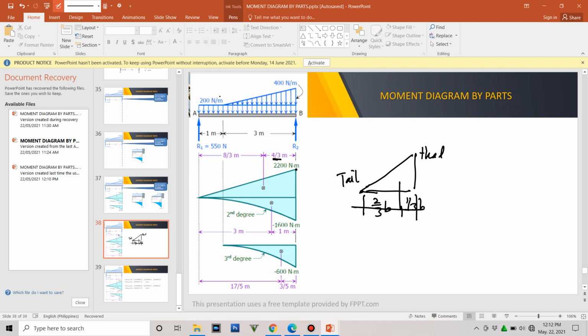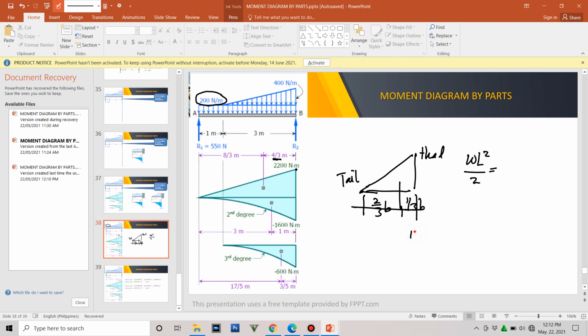Okay, for this distributed load, ang W mo is 200. So the formula is W L squared all over 2. So tapos na tayo dito kanina. Ito na yan, 1,600. And then from the centroid up to this one, okay, magiging ano lang yan, dagdagan mo lang ng isa to.